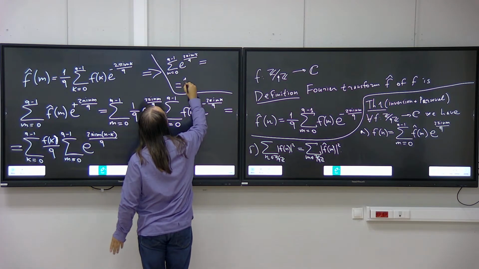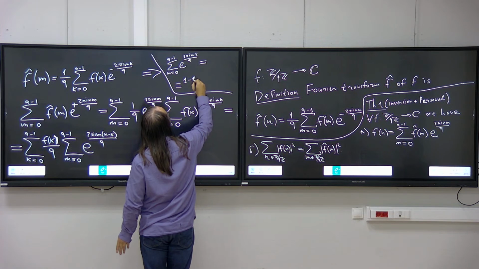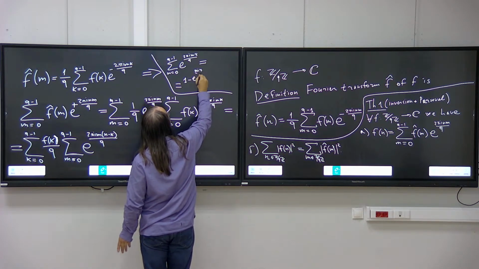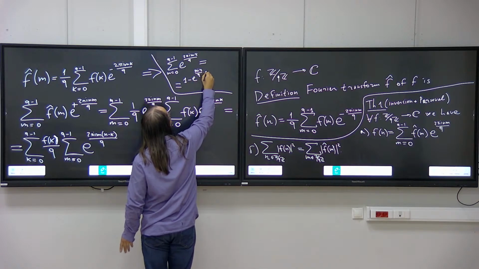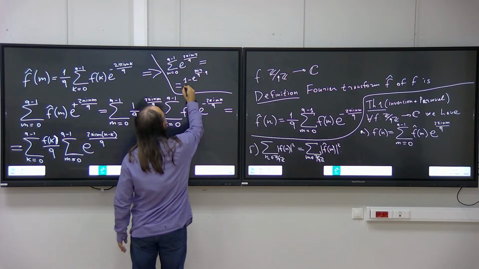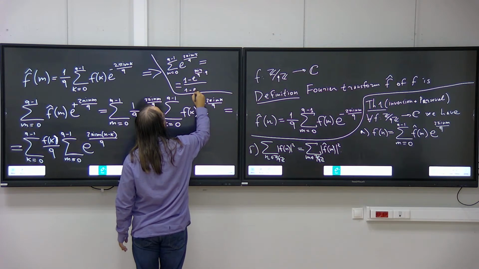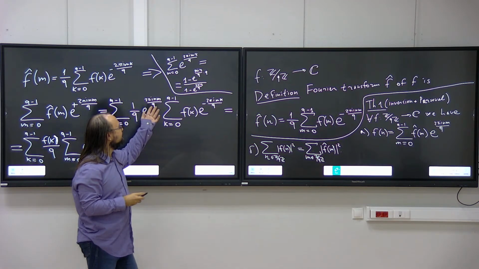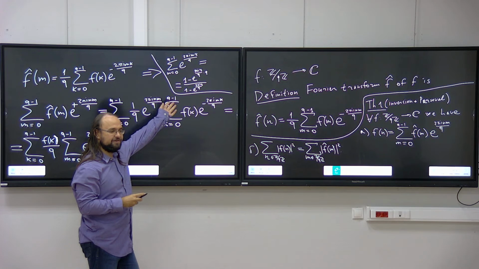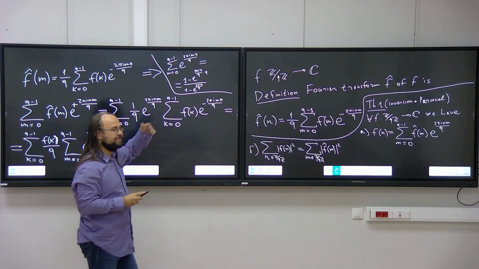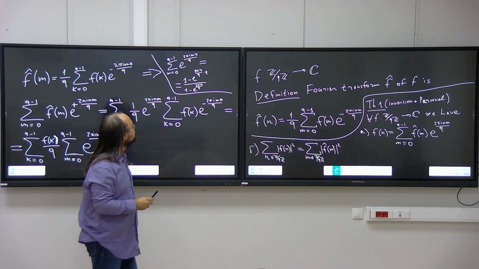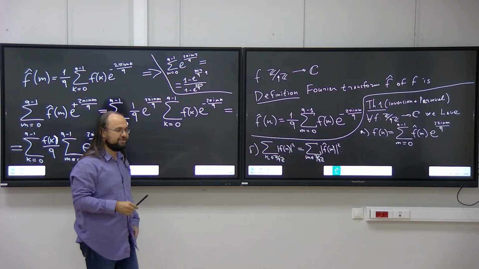So we get 1 minus e to the power 2 pi i r over q multiplied by q, the number of terms, and divided by 1 minus e to the 2 pi i r over q. And the numerator is equal to 0 always, because you get 1 minus e to the 2 pi i r. But sometimes your denominator is also 0.